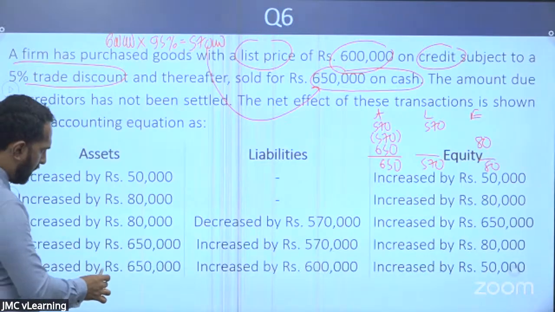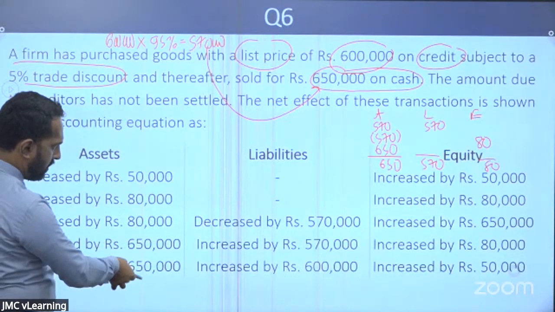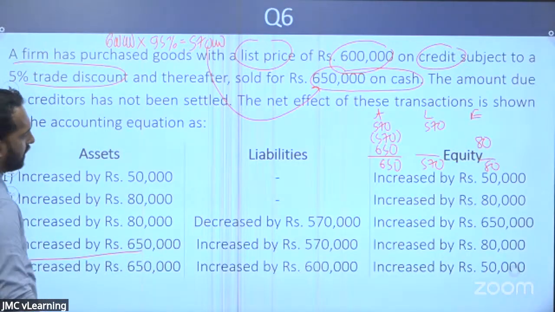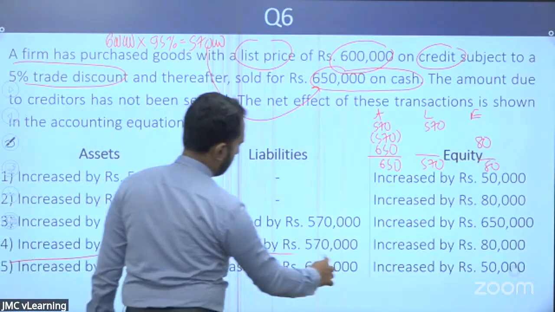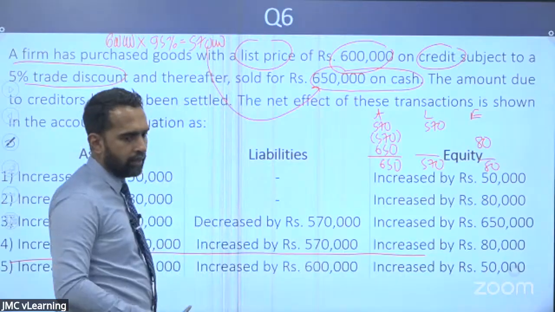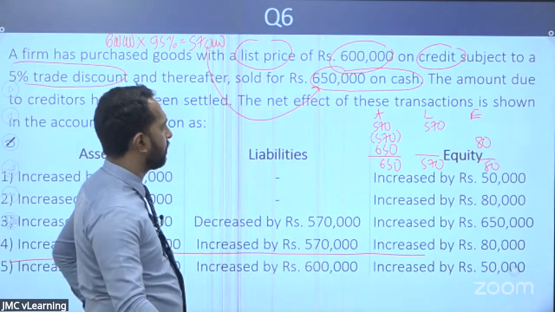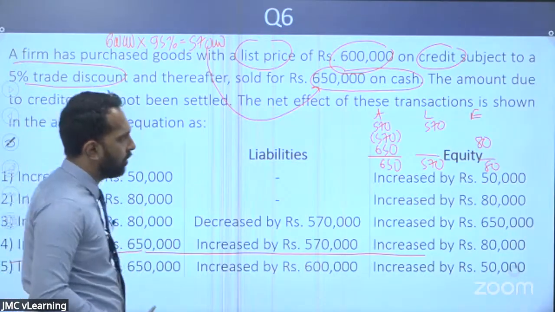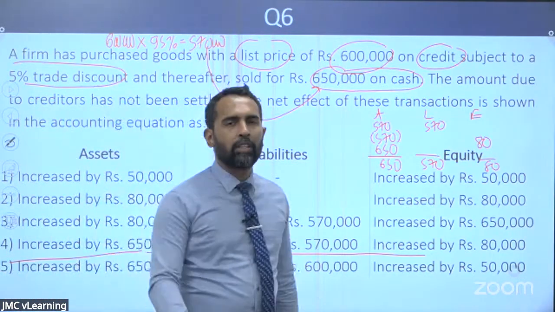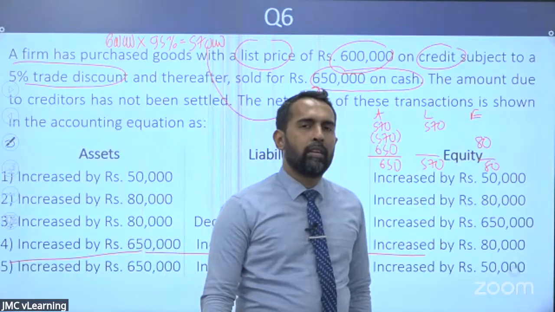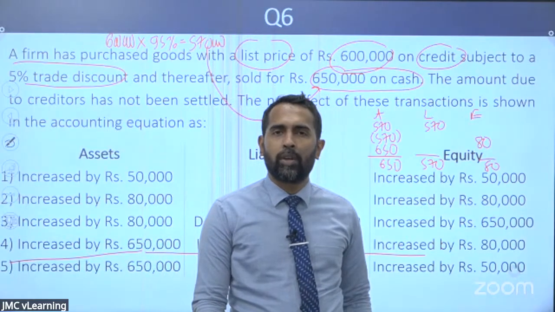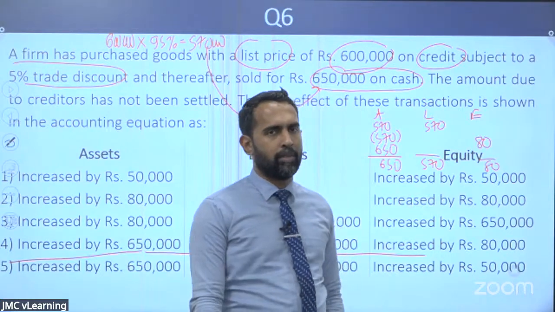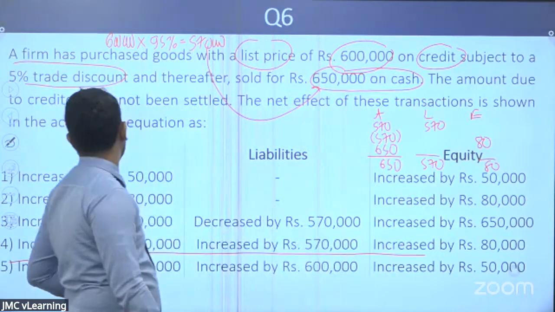Assets increased by 650, liability, yes. Then the fourth one is the correct answer. I hope the idea is clear. These questions are pretty easy, especially when they come from the accounting equation. Not a difficult question. Okay, right.